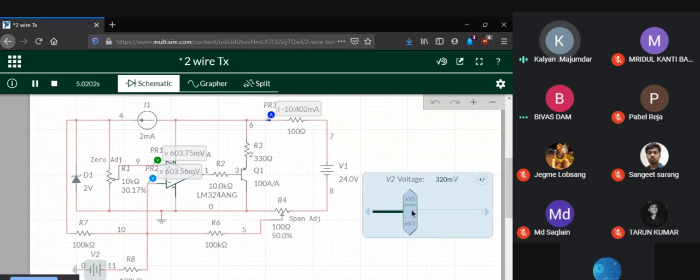If I change the input voltage, you can see the current changing. It is at 10.4 or whatever. My interest is, what is the input voltage that results in 20 milliamperes output for this V-to-I converter? Let's find that out experimentally.